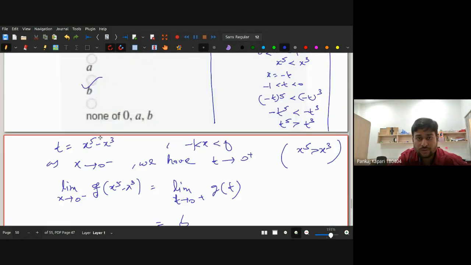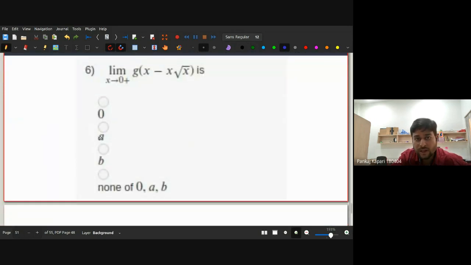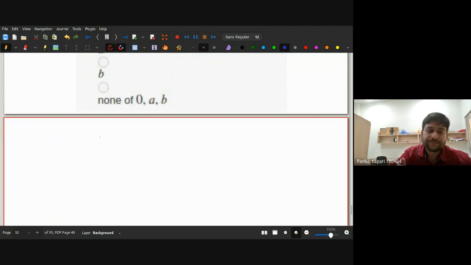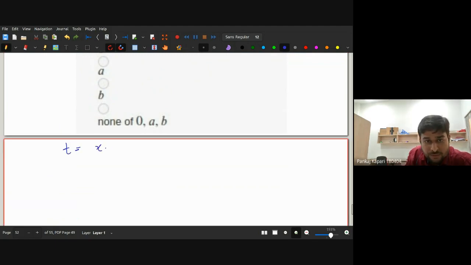Okay, so let's move to the next problem. Again, it's the same kind of problem, but you can assume here t to be equal to x minus x times root x.